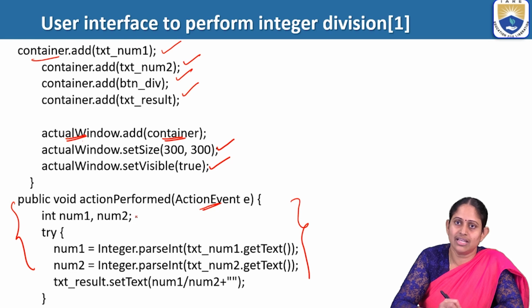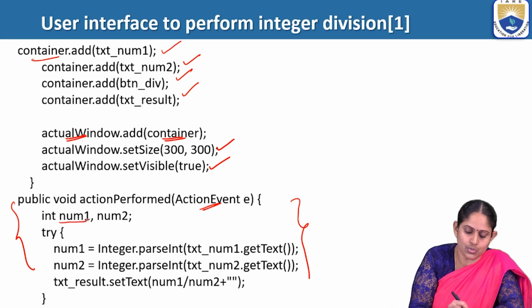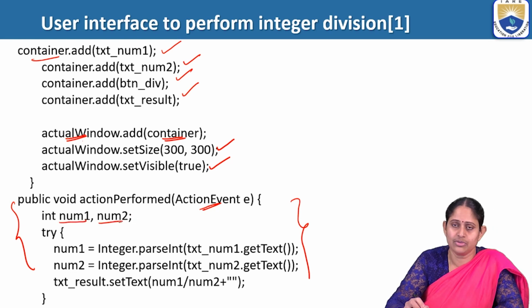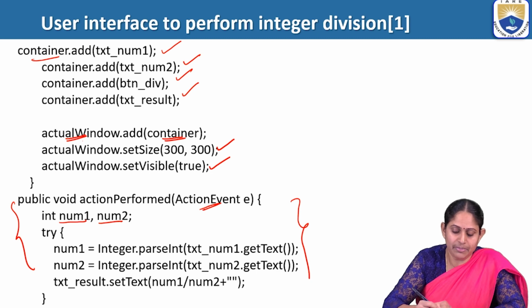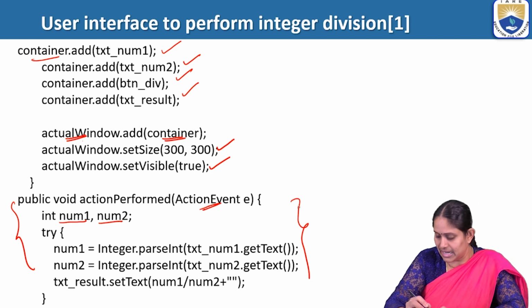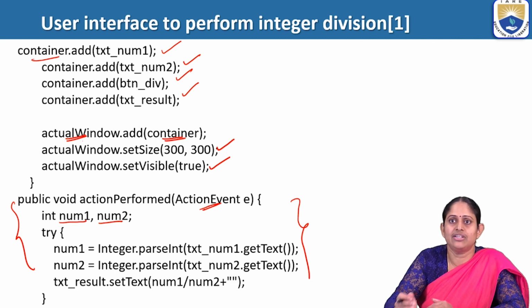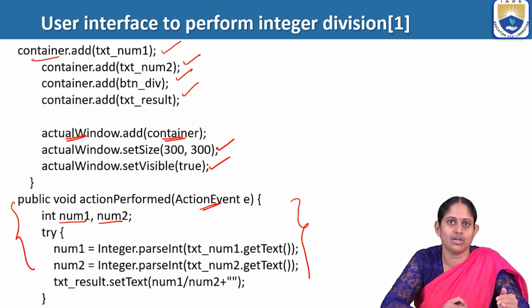Now what are we doing there? Here we have two variables, num1 and num2, wherein num1 will read the first value and num2 will read the second value. Whatever we write onto the text field will be in the form of strings, so we have to convert it into its particular form.